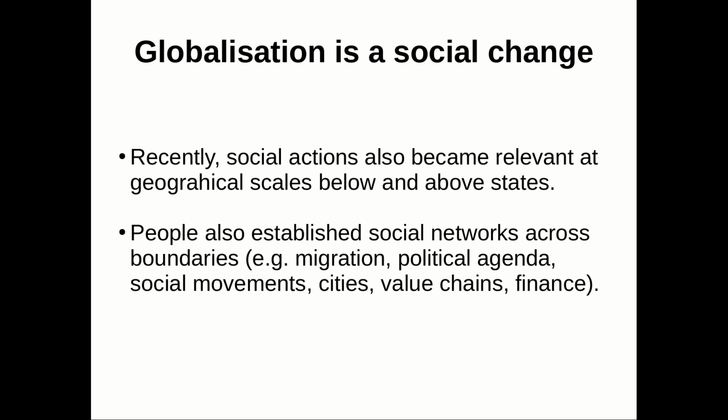Globalization is also a social change because since the 1980s, people also established social networks across boundaries. You have a list of phenomena, some of which we will discuss afterwards, that basically consist of creating networks across boundaries. Remember that a network is a kind of relationship where the participants can easily change their connections.